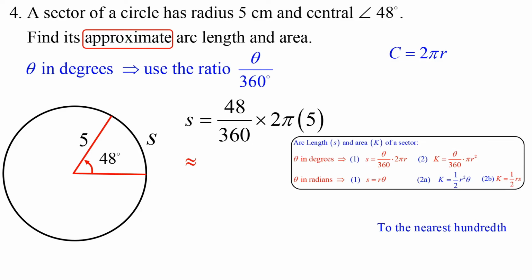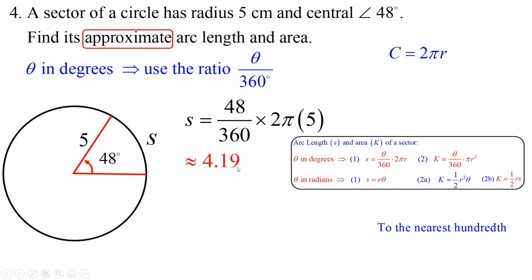So let's punch this out very carefully. So I'm going to go 48 divided by 360 times 2 second pi times the 5. All right, double check your calculator, make sure it's all in correctly. And to the nearest 100th, I'm getting a 4.19.